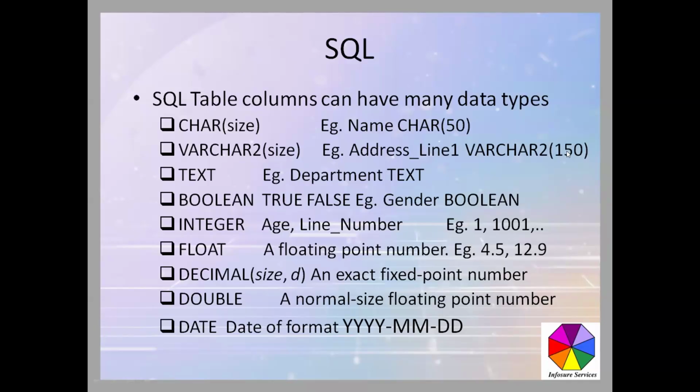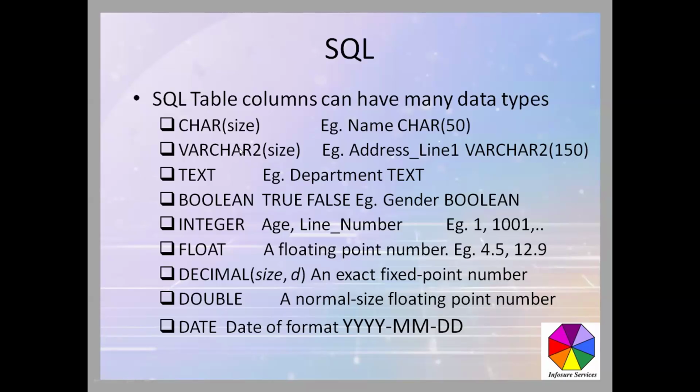Whereas varchar2 is a better way of defining, because it will only look at how much space is occupied, and only that much is allocated in the database. This is a common notation, a common data type being used.